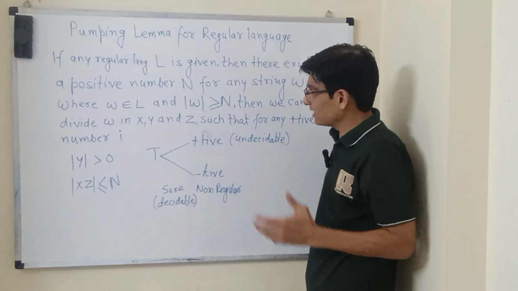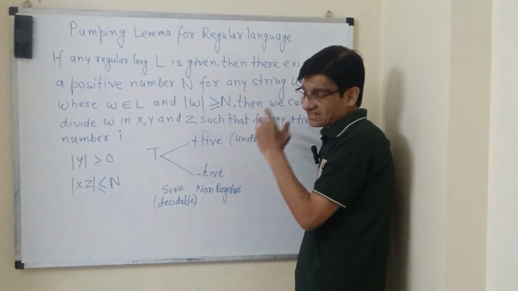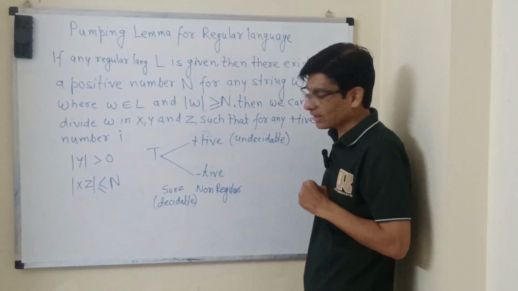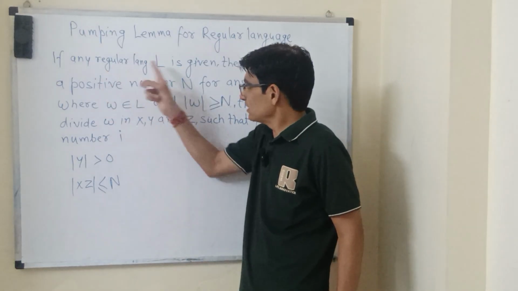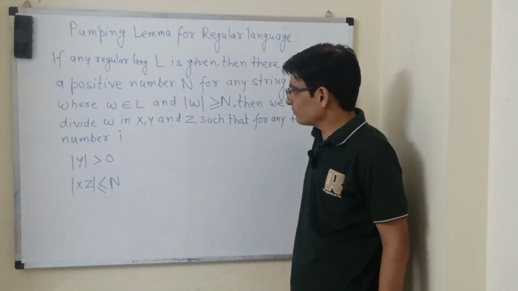So this test is basically a negative kind of test. Now I will discuss how to apply this test on some particular language. I will take one language as an example. Friends, this is the statement of the pumping lemma.